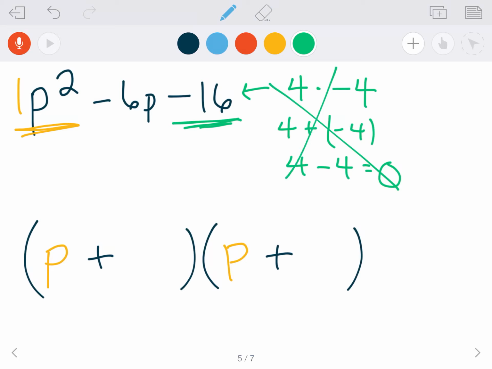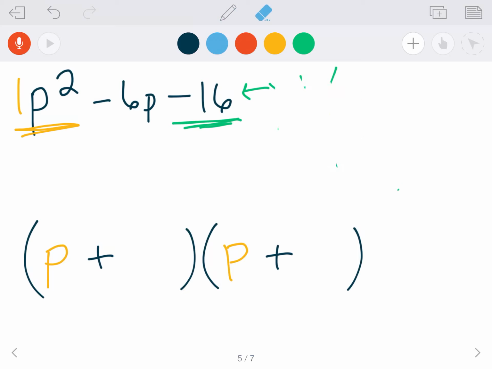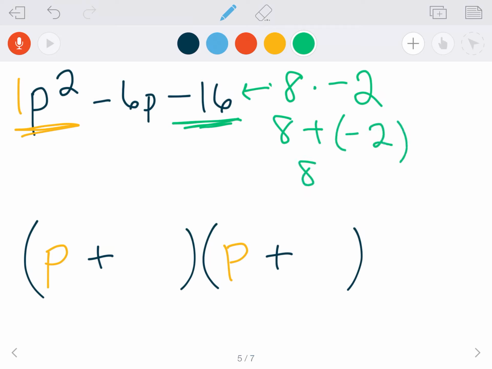Let's try another one. I'm thinking maybe 8 and 2, but which one should I make negative? Let's see. How about we do 8 times negative 2. Okay, 8 times negative 2 is negative 16, but what is 8 plus negative 2, or 8 minus 2? That's 6.